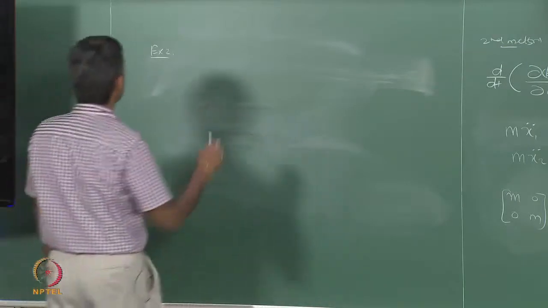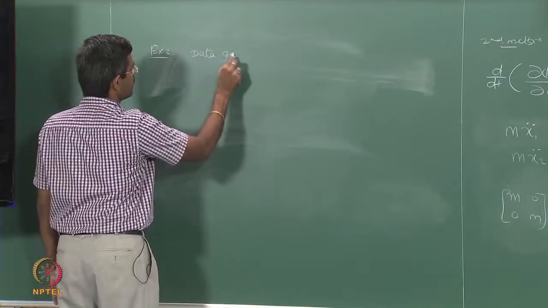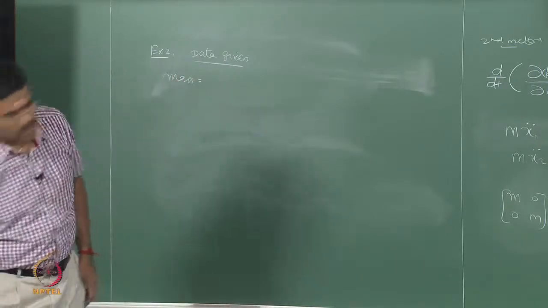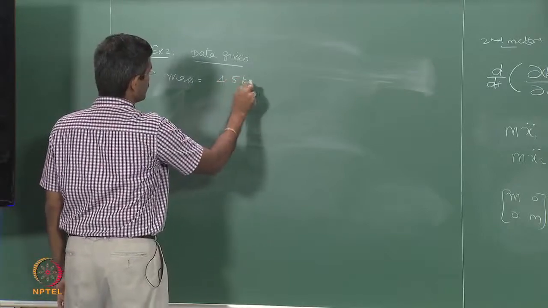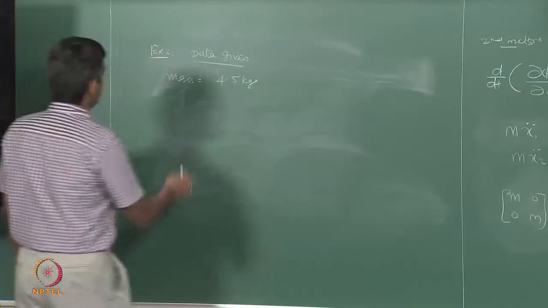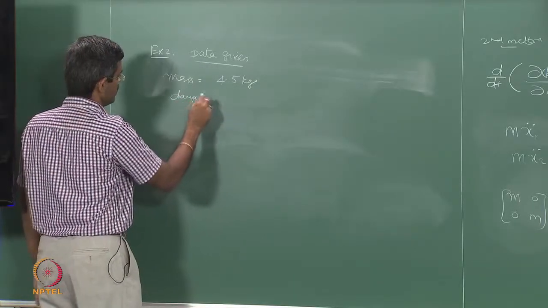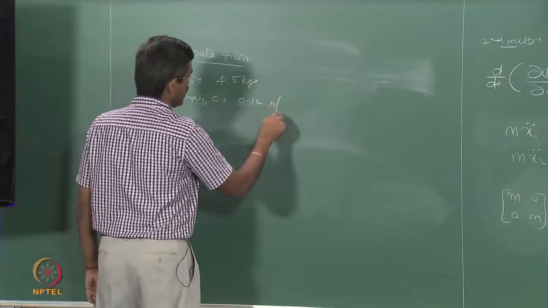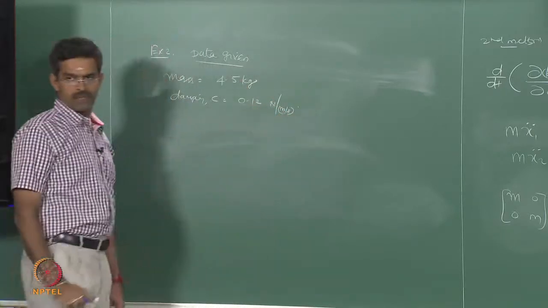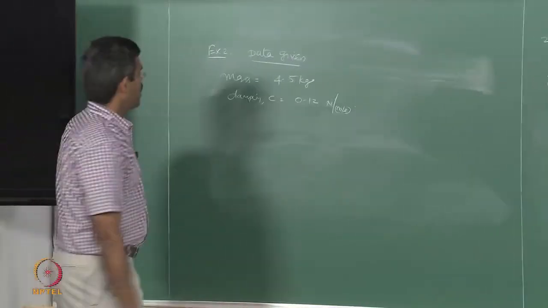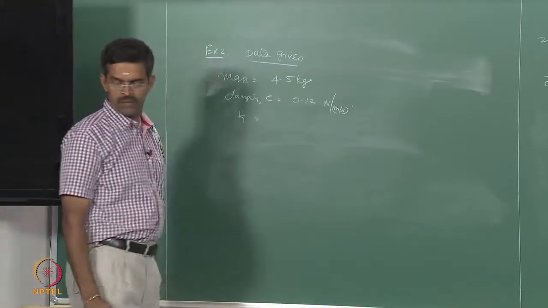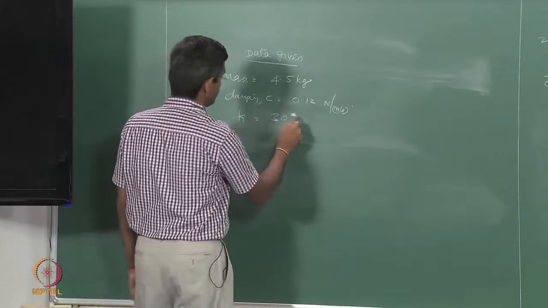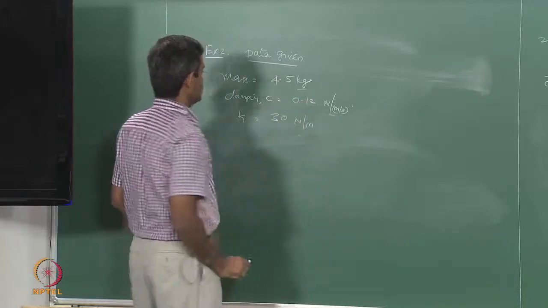The data says, mass in SI units is 4.5 kg, damping coefficient is 0.12 Newton per meter per second, viscous damping, and stiffness of the spring also given as 30 Newton per meter. These are all SI units, this is data given.